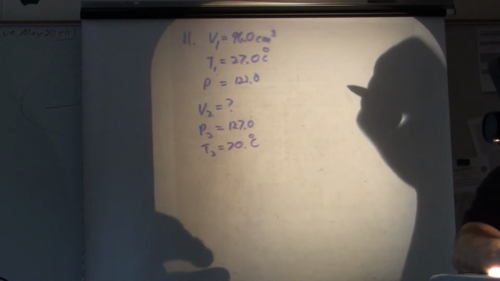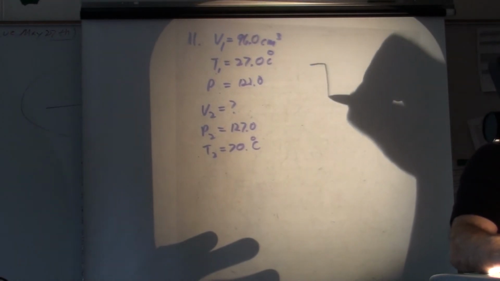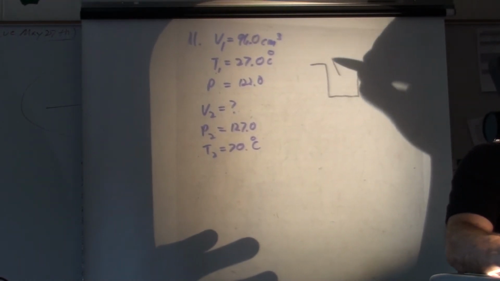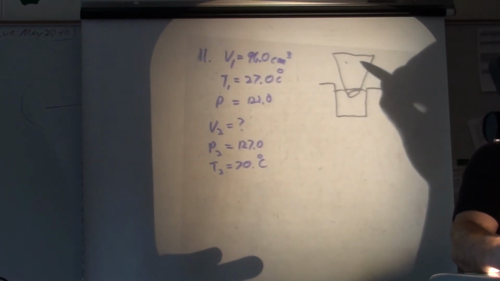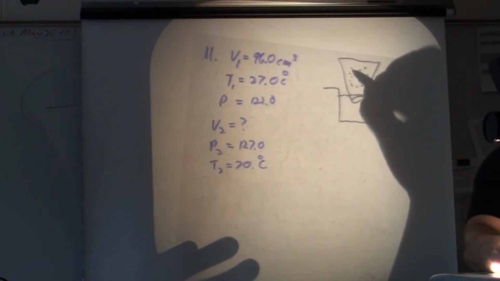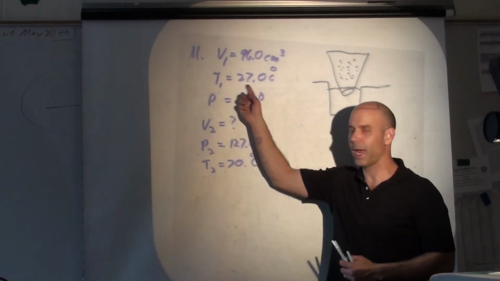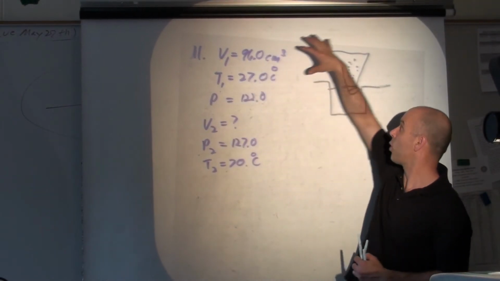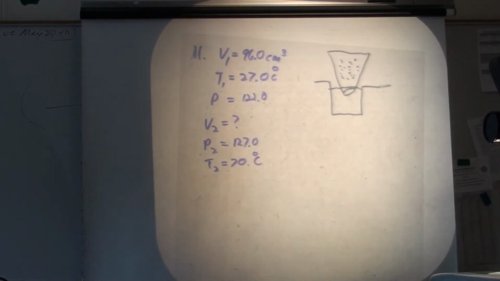Now when you collect the gas over water, so here's my sink, here's my flask, you don't just have your gas in there, you also have water vapor. So when they say the pressure is 122 kPa, that's not the pressure of the gas, that's the total pressure in there. We have to subtract out the water vapor pressure.